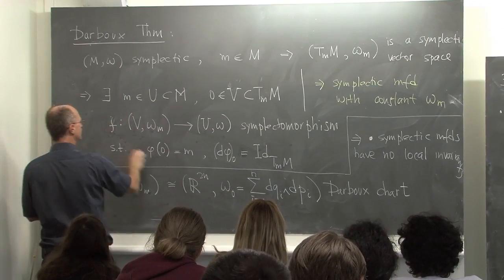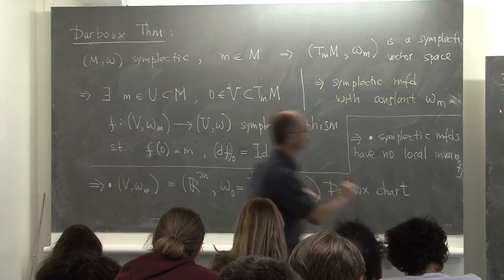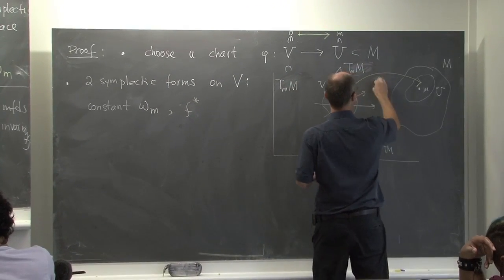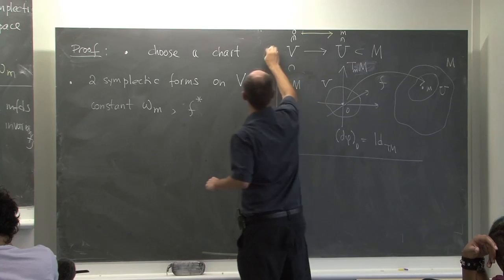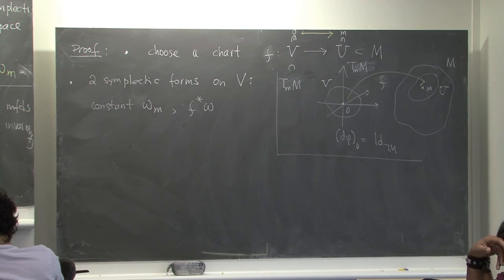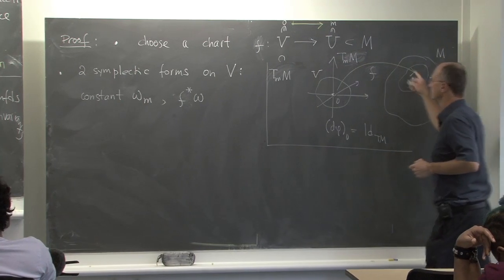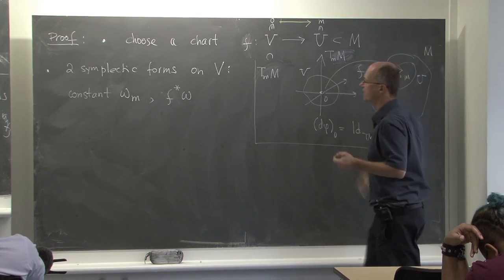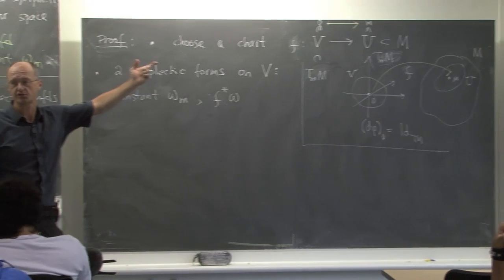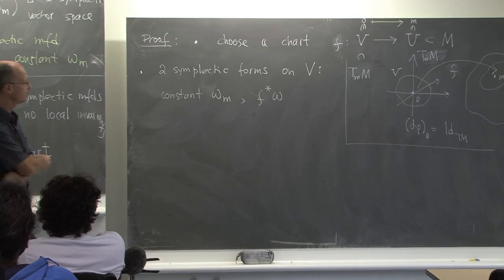Let me call this map F. The second one is the pullback of the original two-form omega under this chart map. So these are two symplectic forms, right? F is a diffeomorphism, so F star of omega is a symplectic form.